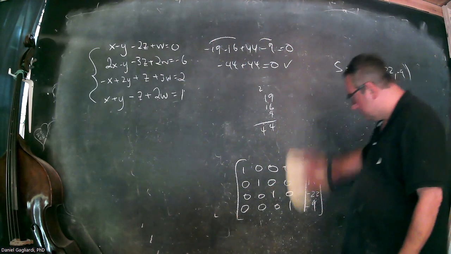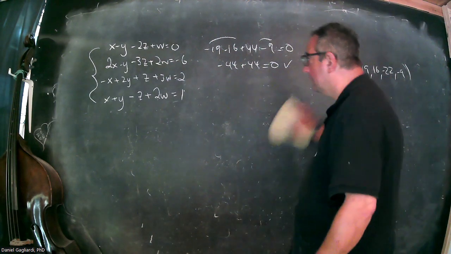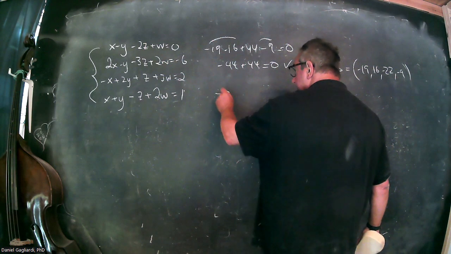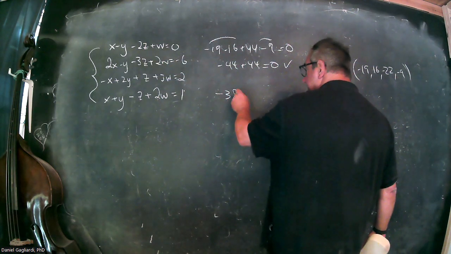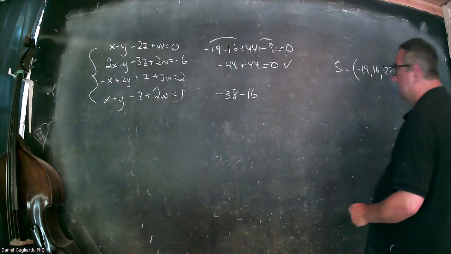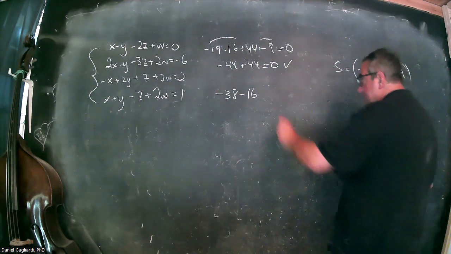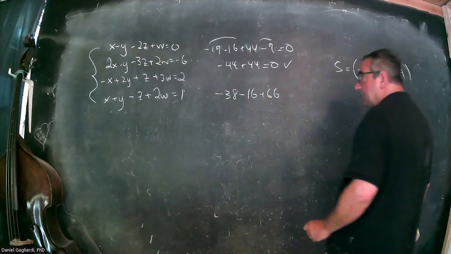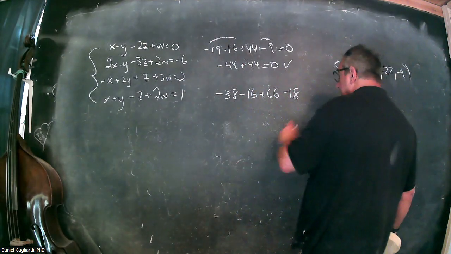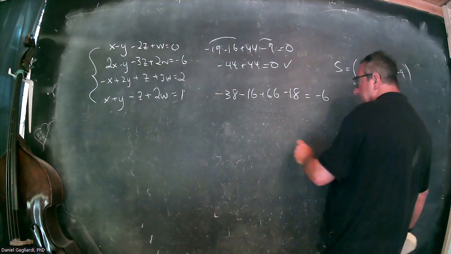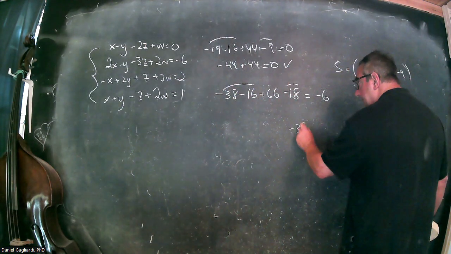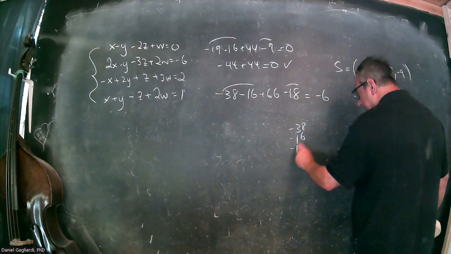All right, let's check equation 2. Okay, so equation 2, we have 2 times negative 19, that's negative 38. Minus 16, okay, and then minus 3 times 22, so that's positive 66, all right, and then 2 times negative 9 is minus 18. So all this is supposed to equal negative 6. So let's collect the negative people and add them up. All right, so we have negative 38, negative 16, negative 18.